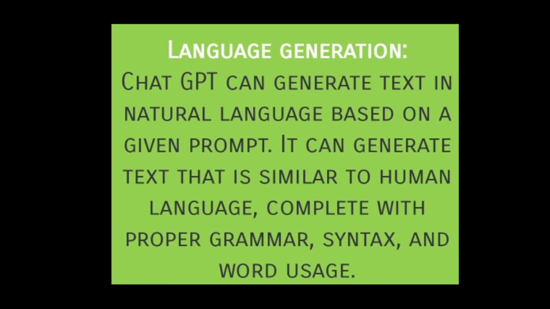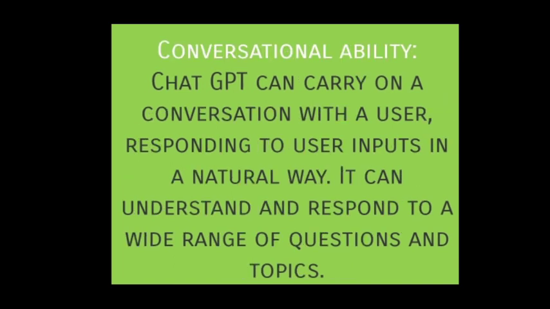Language generation. ChatGPT can generate text in natural language based on a given prompt. It can generate text that is similar to human language, complete with proper grammar, syntax, and word usage. Conversational ability. ChatGPT can carry on a conversation with a user, responding to user inputs in a natural way.